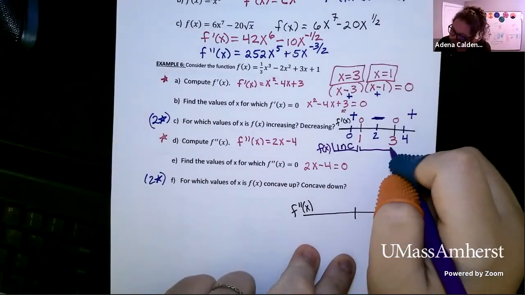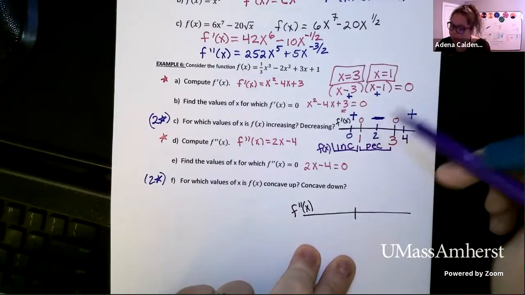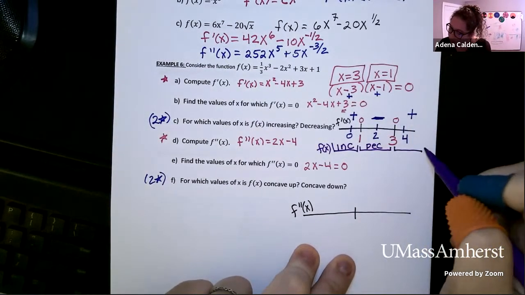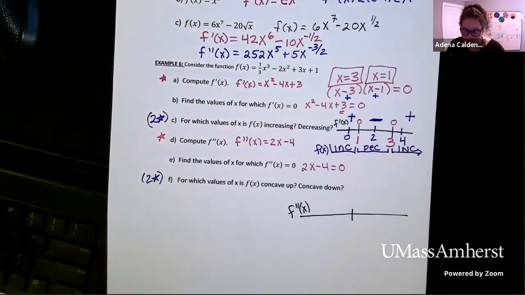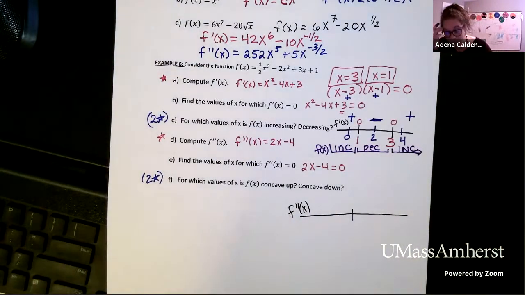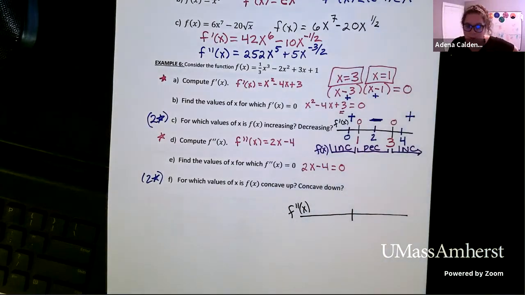From 1 to 3, my original function is decreasing because my derivative is negative. And then from 3 on, I'm again positive, so I'm increasing. So I'm using those derivative rules and the function to figure out these intervals.